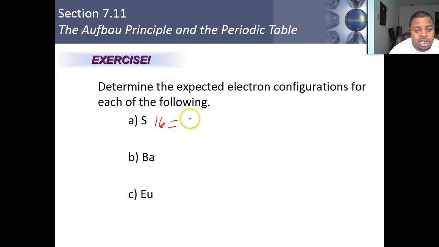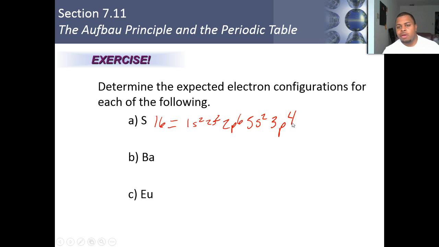Well, I'm going to follow through just like I did before. 1s2, 2s2, 2p6, 3s2, 3p4. This would be my electron configuration for sulfur. Now, I can continue to go through this, and the further I go down, the more I'm actually going to have to add, because that means that I also have to go through more and more levels.